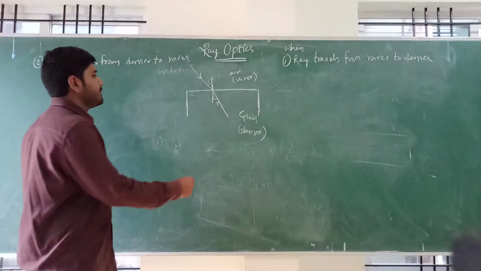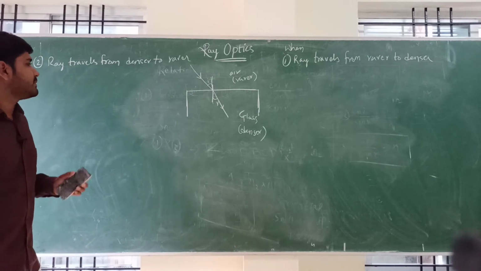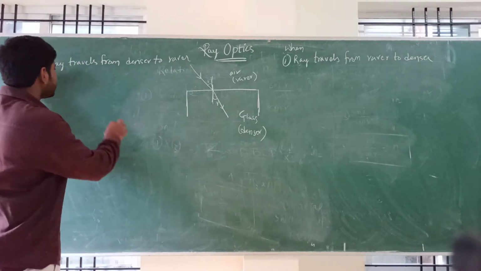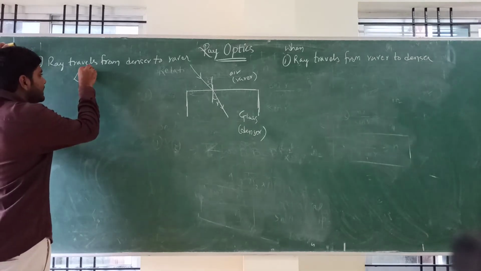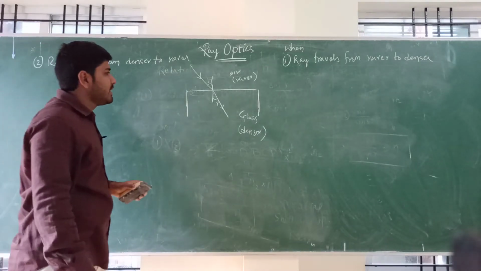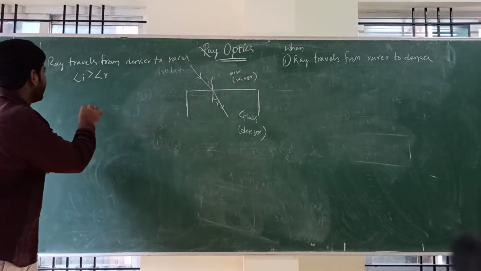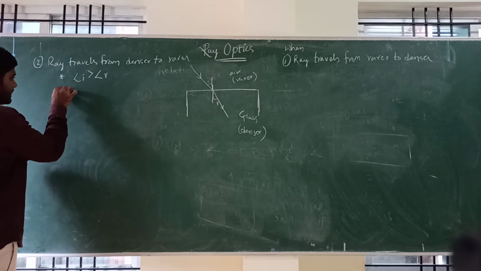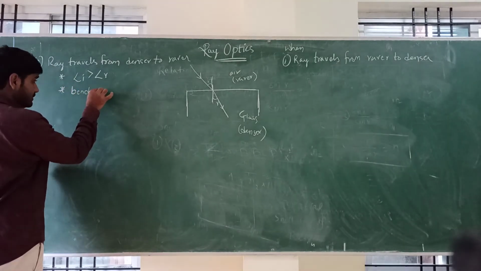In this case what happens? When the ray is traveling from rarer to denser medium, the angle of incidence is greater than the angle of refraction. Hence the ray will bend towards the normal. Again one more point, second point: the ray bends towards the normal.